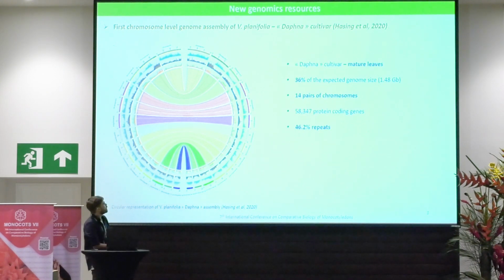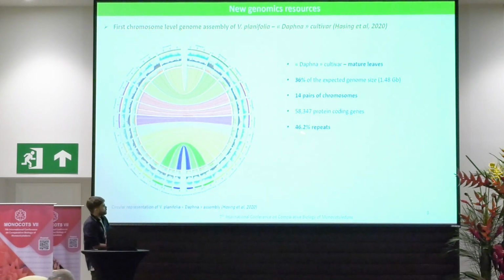They extracted high molecular weight DNA from mature leaves, and sequenced it with a combination of long reads and Illumina short reads to assemble the genome, which you can see in this circular representation with the 14 pairs of chromosomes on each haplotype.